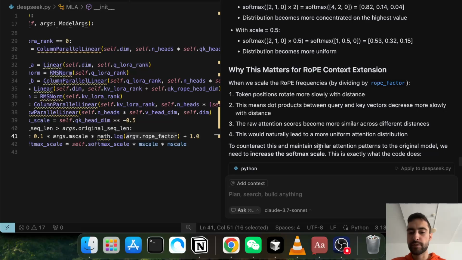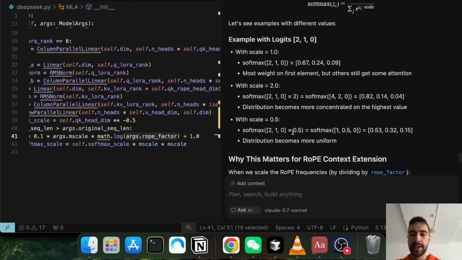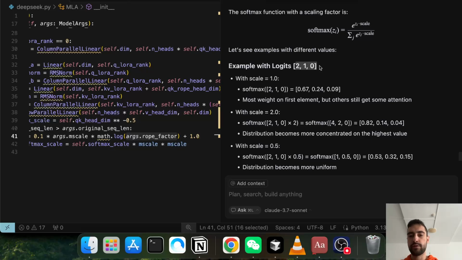But softmax scale does the same thing the other way around: you increase the softmax scale to get more deterministic results, while you decrease temperature to get more deterministic results. And if you reduce the softmax scale, you will get more random numbers. So this is how it works. Let's say we have some vector 2, 1, 0. We apply softmax, so they all add up to 1, and we get 0.67, 0.24, and 0.09.